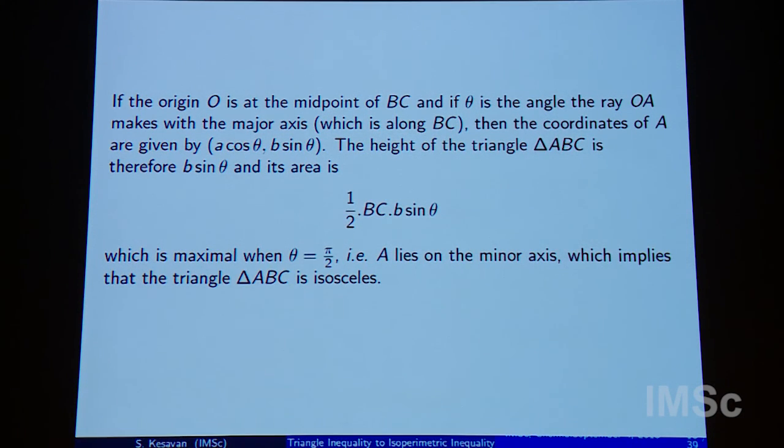Because the midpoint of BC is the origin, the minor axis is the perpendicular bisector, and therefore you have an isosceles triangle. So this can also be proved using conics, or as I said, directly by geometry, or from the previous theorem, the fact that a problem and its dual problem have the same answer.